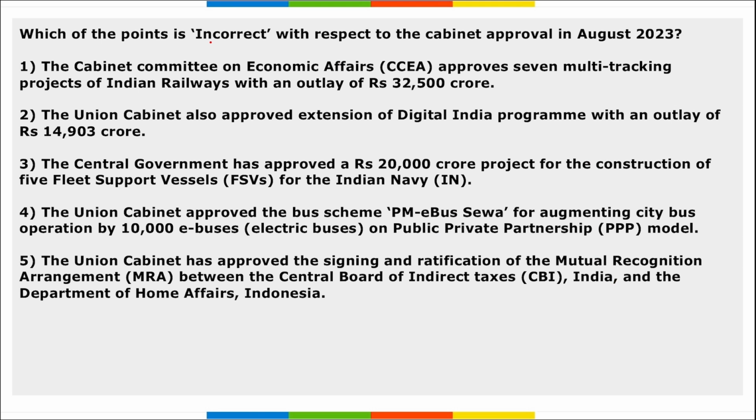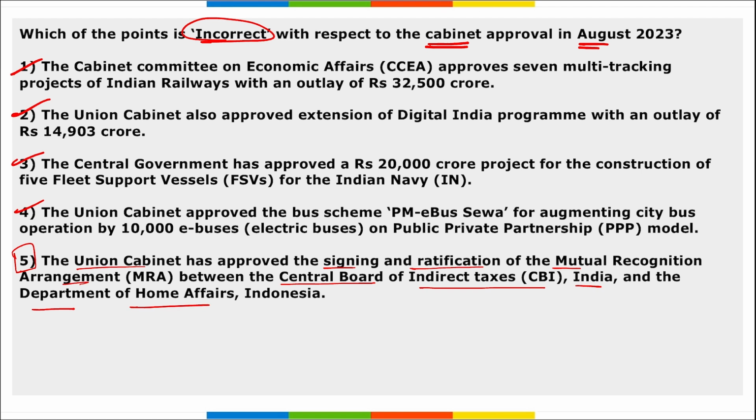Let's start. Which of the points is incorrect with respect to the cabinet approvals in August 2023? So remember, all of the options are correctly mentioned here, except option 5, because option 5 says that the Union Cabinet has approved the signing and ratification of a mutual recognition agreement between the Central Board of Indirect Taxes of India and the Department of Home Affairs of Indonesia.